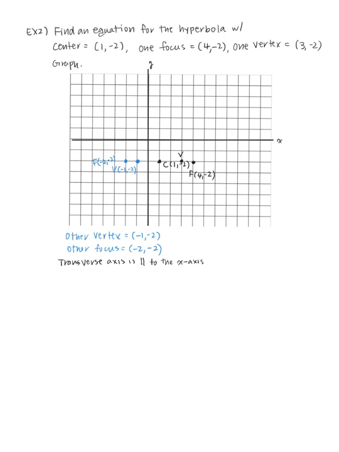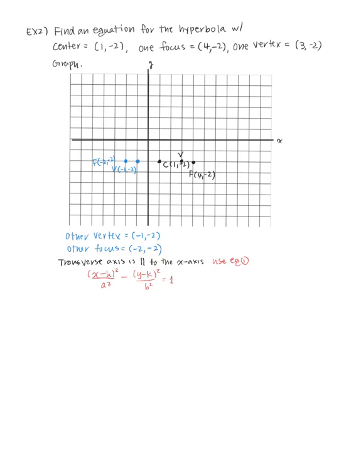So that determines which equation we need to take. In this case, we must use equation 1, which is (x minus h) squared over a squared minus (y minus k) squared over b squared equals 1.